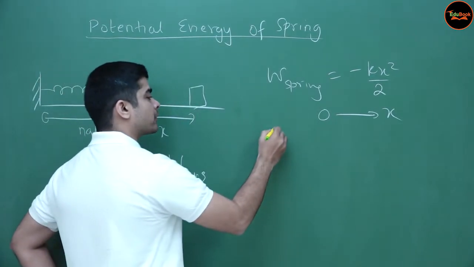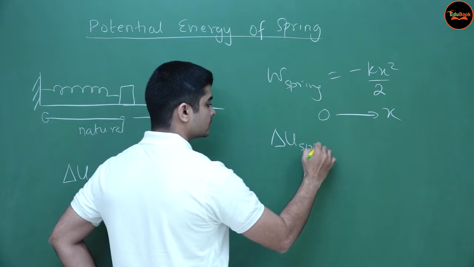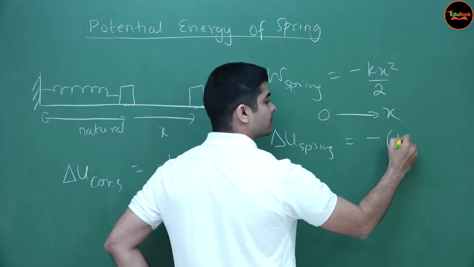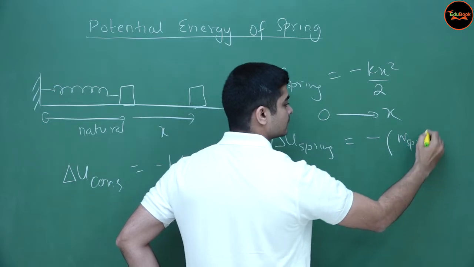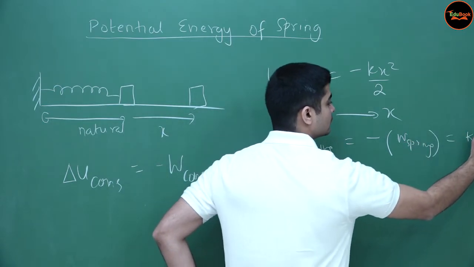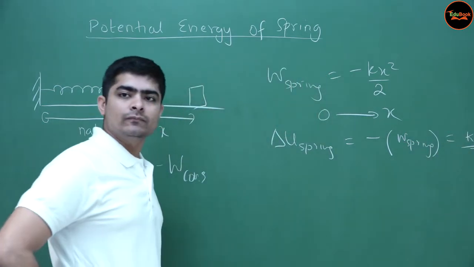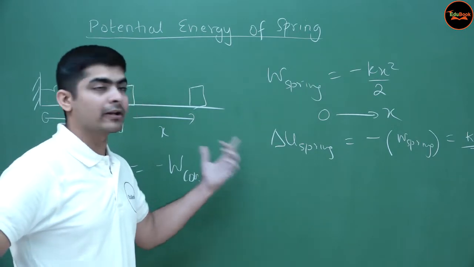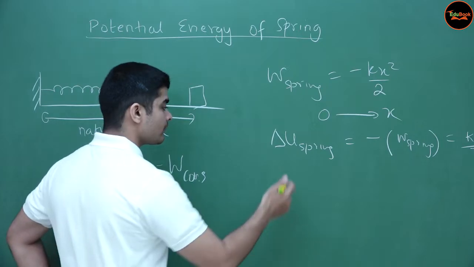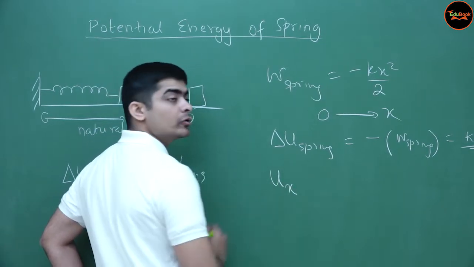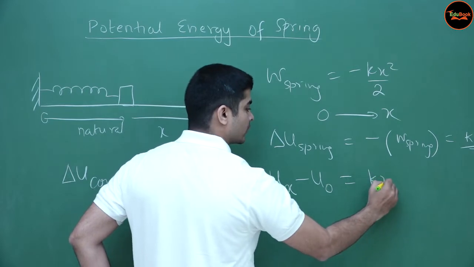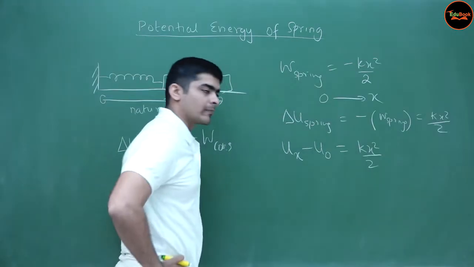So delta U spring equal to minus of work done by spring equal to kx square by 2, correct? This is the change in potential energy of the spring plus block system. So I could write down U at x minus U at 0 equal to kx square by 2.